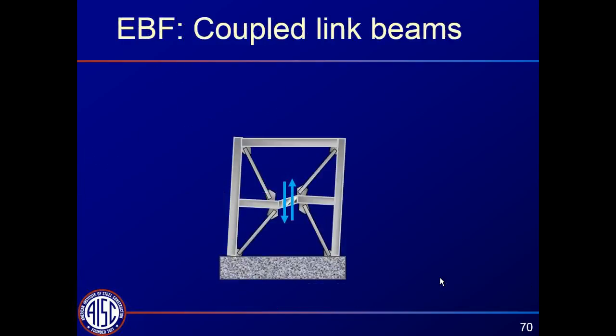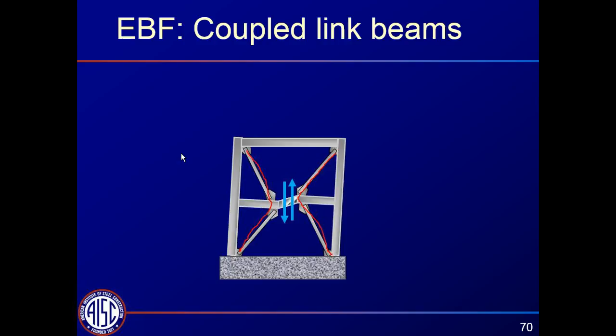This is a unique situation, but I'll go through it anyway. Here, if we bring the brace forces to a link beam, this link beam really acts as the fuse for 2 levels at the same time.